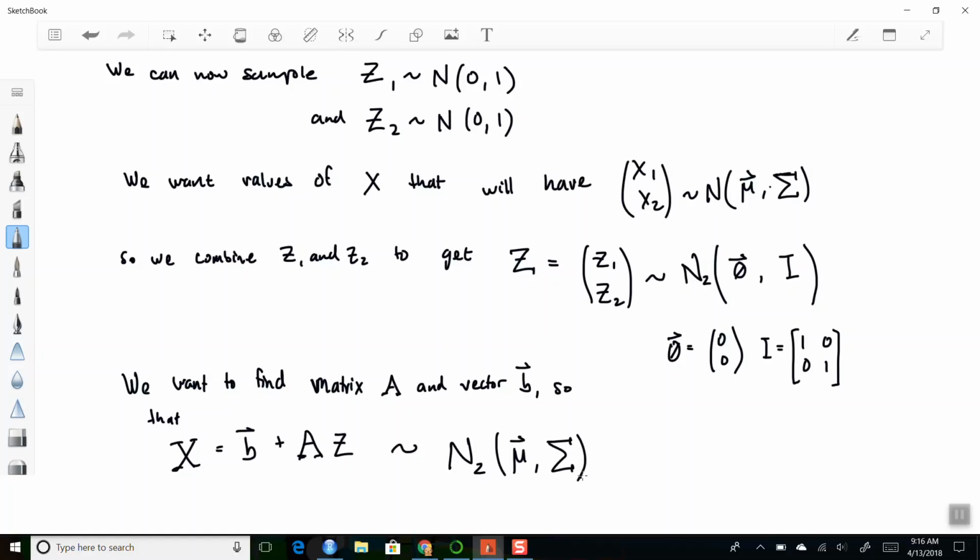Okay. Is this possible? Yes. We can do this. So we're going to search for some vector B and some matrix A, so that when we multiply A times Z, where Z is just coming from basically two standard normal distributions, we can do this, okay?